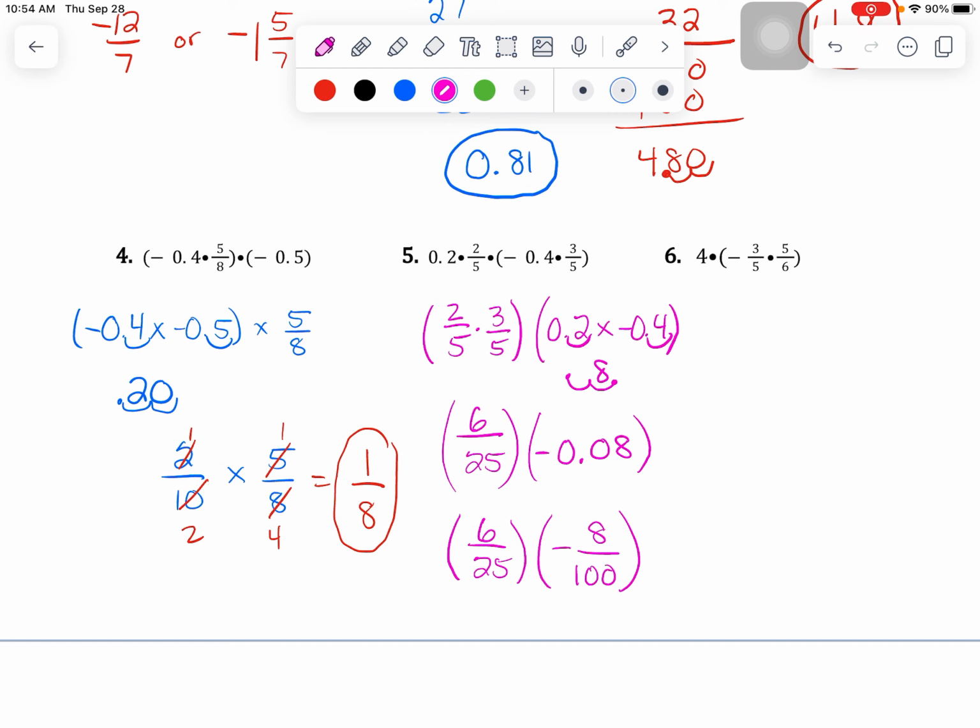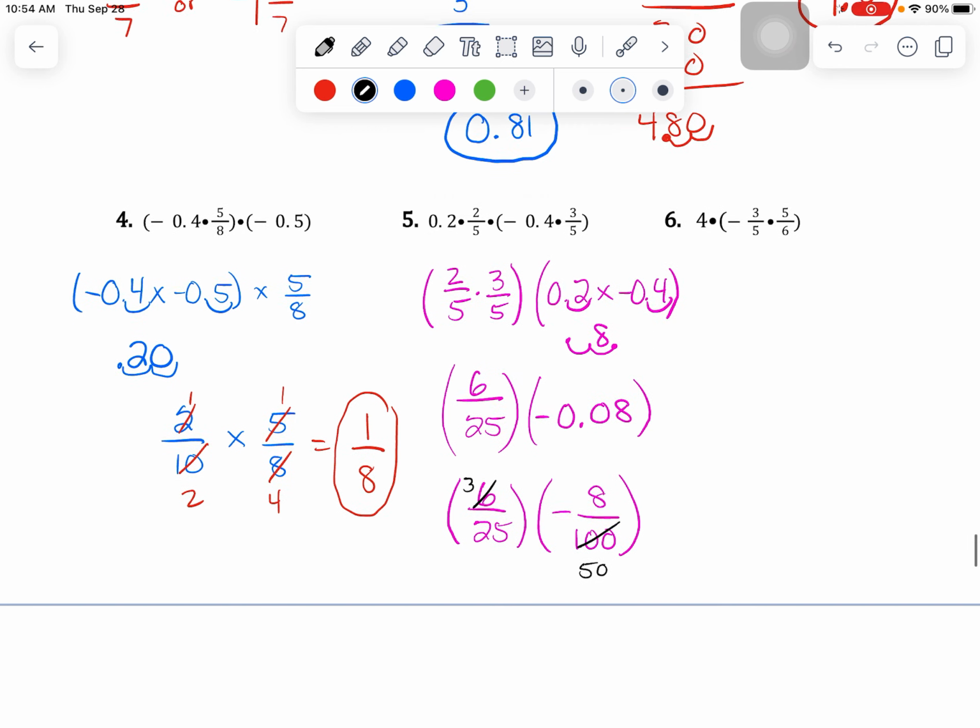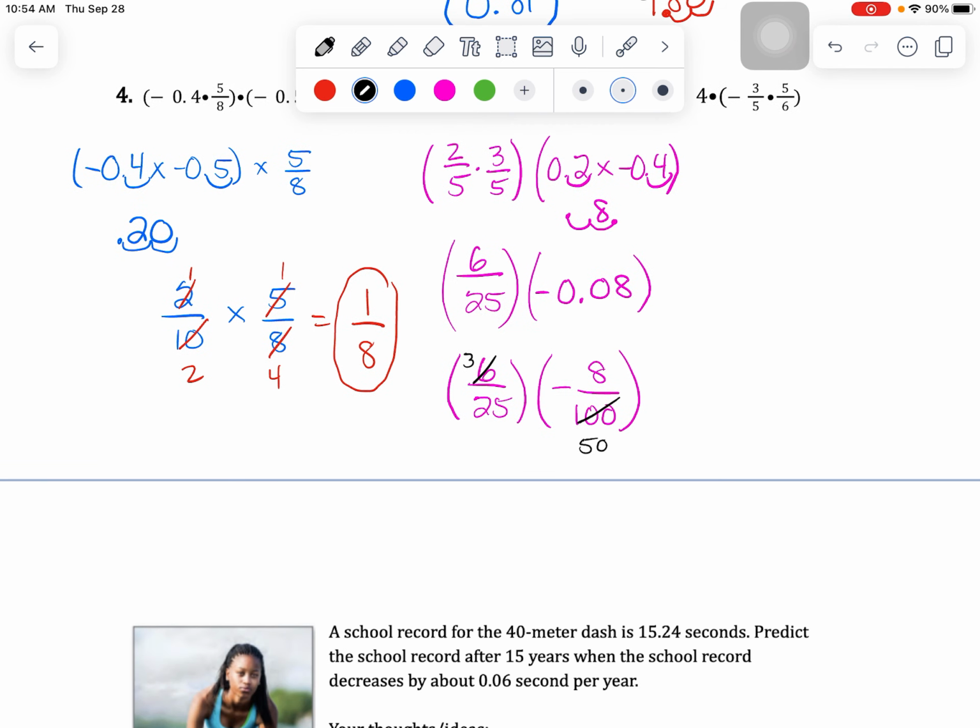All right, now I'm going to look to do some simplifying here. So if I simplify, let's see, that can become a 3, and that can become a 50. Can I simplify anything else? All right, I think we might be simplified here.